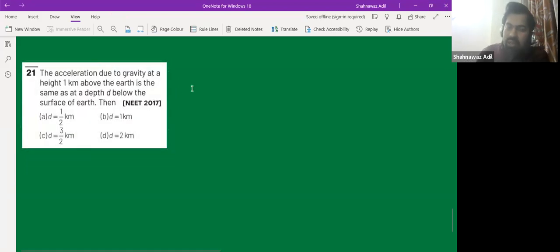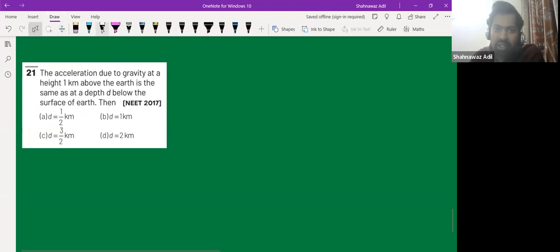The acceleration due to gravity at a height 1 kilometer above the Earth is the same as at a depth d below the surface of the Earth. Right. For the height case, h is 1 kilometer, and the radius of the Earth is 6,400 kilometer.